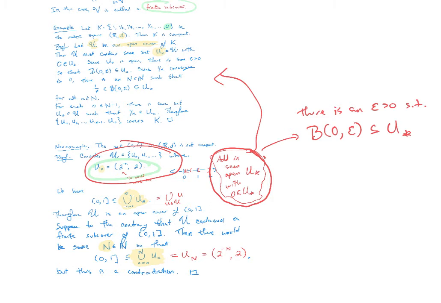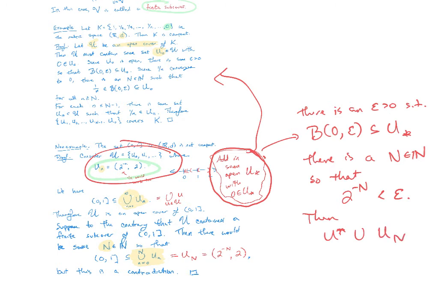And then we'd say there is capital N so that 2 to the minus capital N is less than epsilon. And then we'd say then U star union U sub capital N covers the closed interval from 0 to 1.